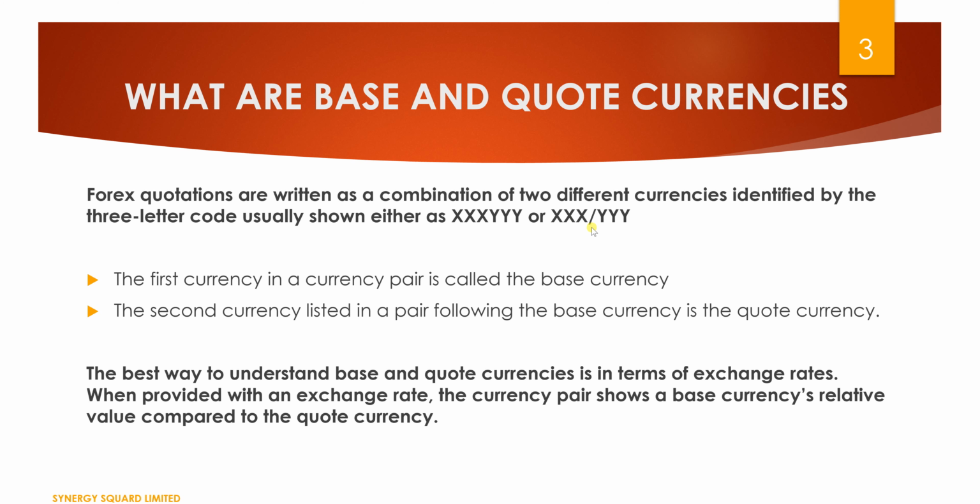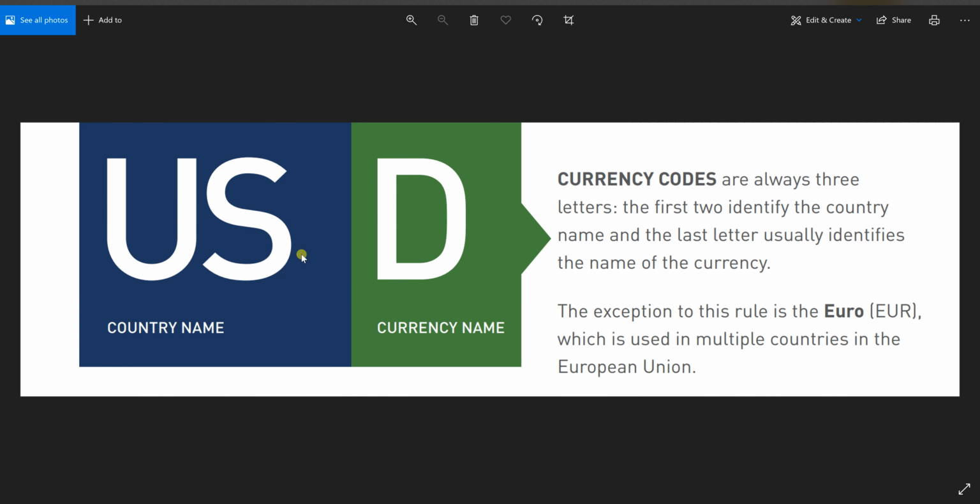As an example, the US dollar, USD, as a three-letter word, the very first two letters identify the name of the country. Currency codes are always three letters. The first two identify the country name, and the last letter usually identifies the name of the currency, this D being dollar. So United States dollar, or US dollar, written in trade.